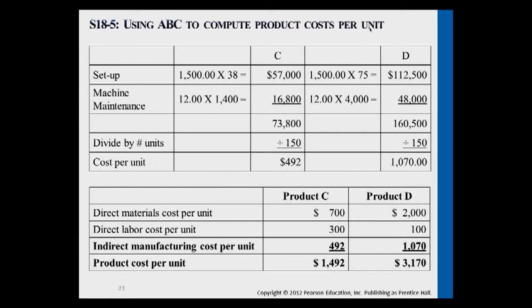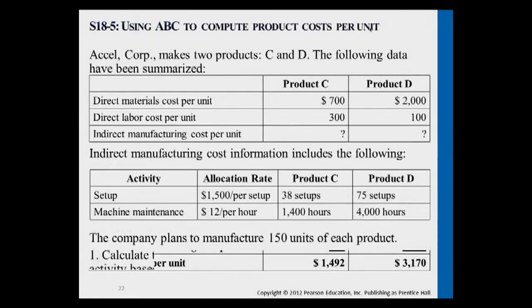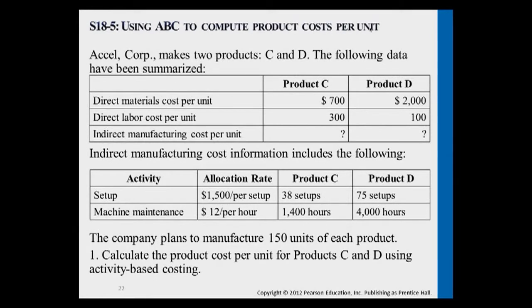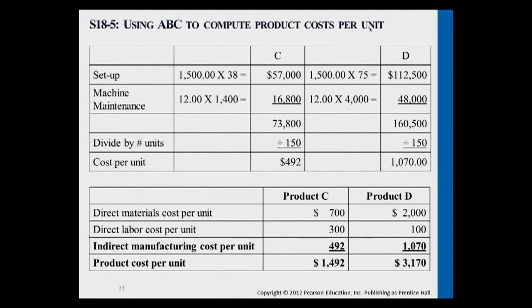So for that, what do we need? We just found the cost per unit. Now we have all that information in the table, right? We have direct materials cost per unit, and then we have direct labor cost per unit. Now we know our indirect. Is it? Yes. Okay? So now that we calculated this, we're going to move it here and sum up.